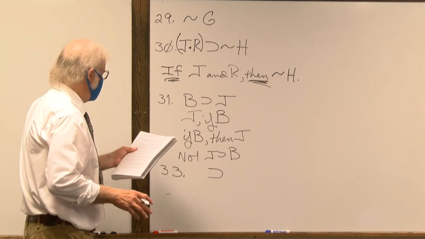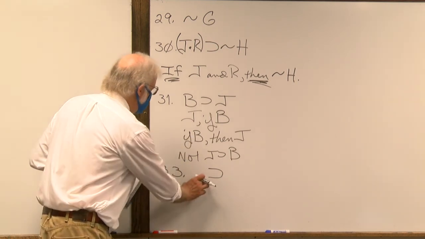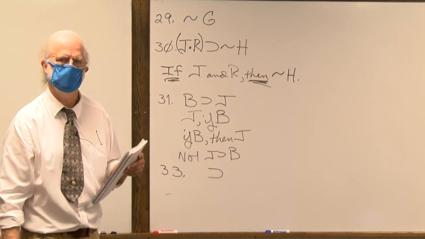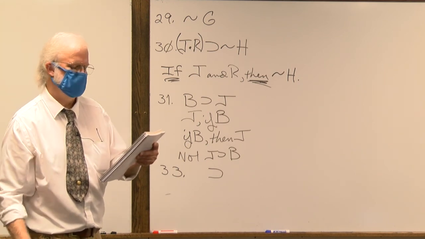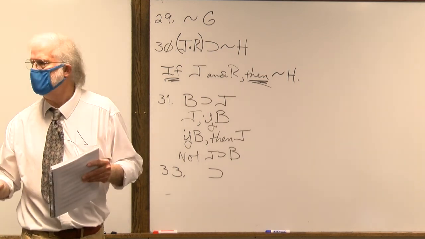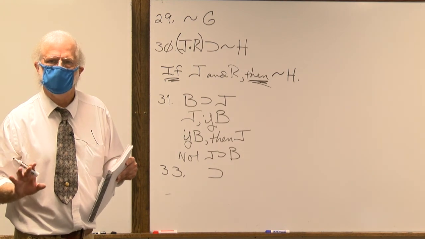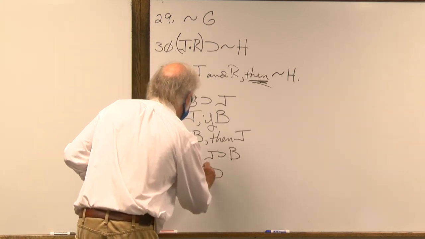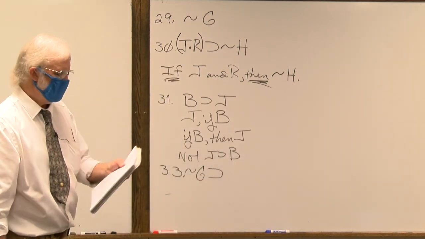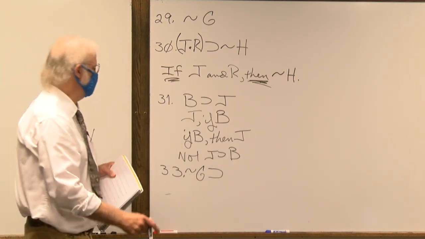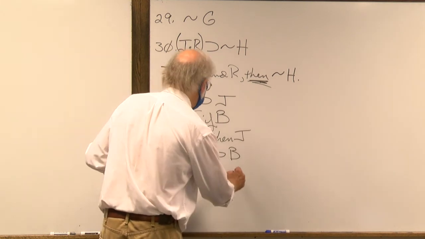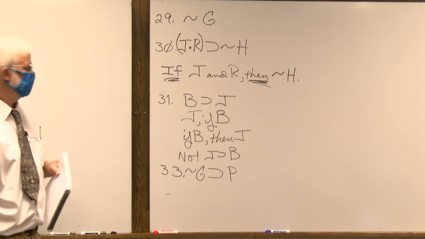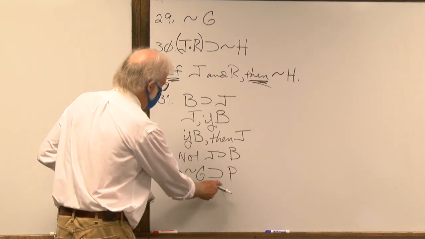And what we see is that the antecedent, what occurs before the horseshoe, is God does not exist. But G means God does exist. So how would we say God does not exist? Tilde G. And then, of course, in the consequent position is simply P, all things are permitted. So this one would be not G, horseshoe P.